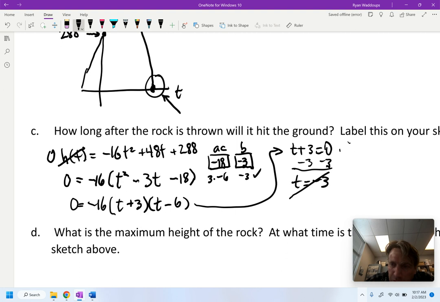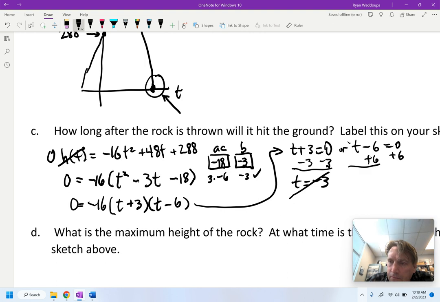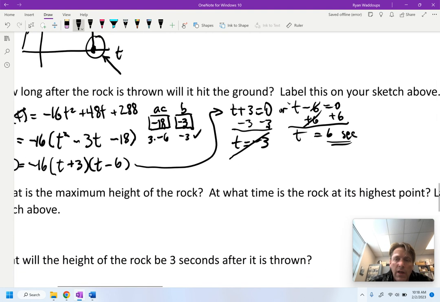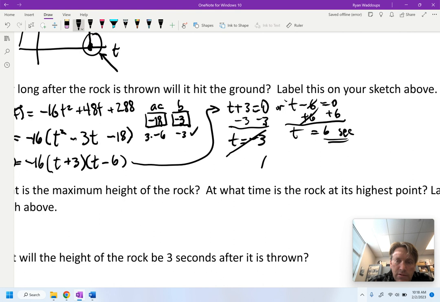And then on the other, t minus 6 equals 0. And here I'd add 6. And then t equals 6. And that's 6, like before, it's 6 seconds. And so our answer is 6 seconds.